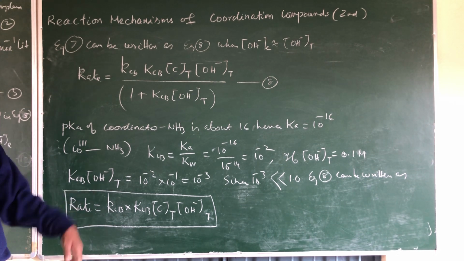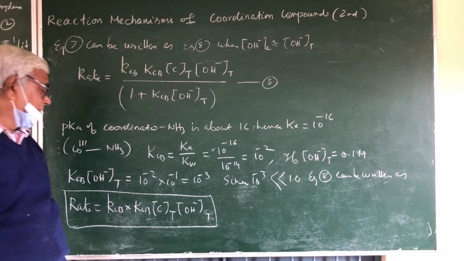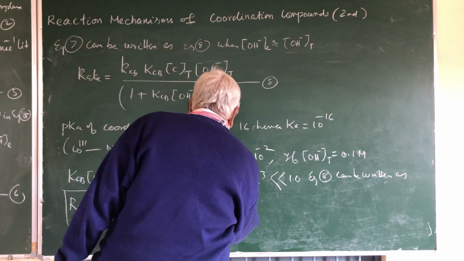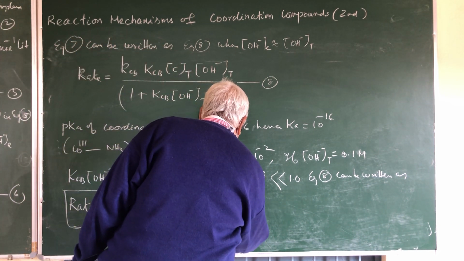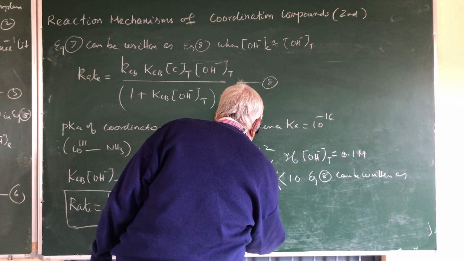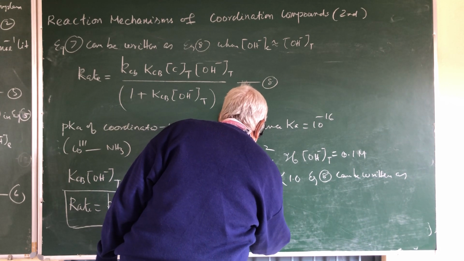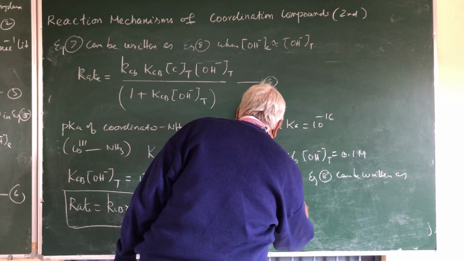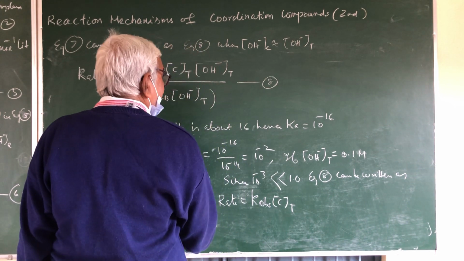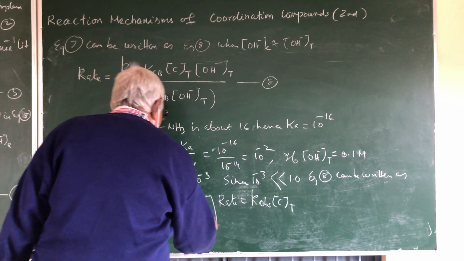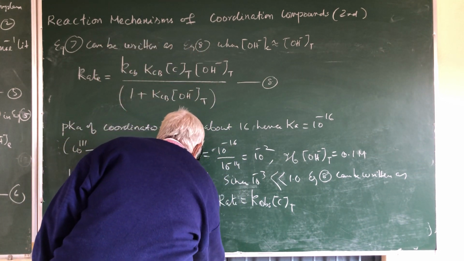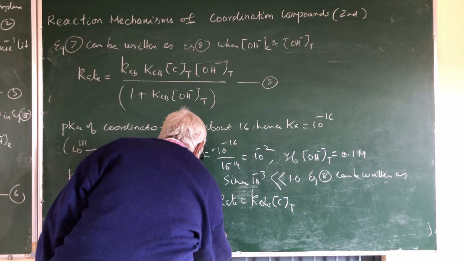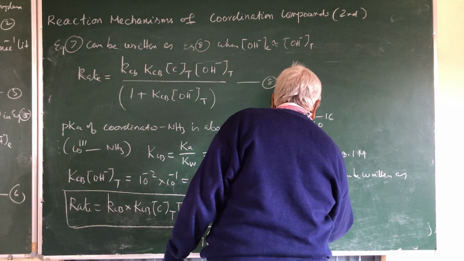So this can be converted into K observed situation, since rate is equal to K observed into complex total. This is our equation 9. This is equation 9. This is equation 10.